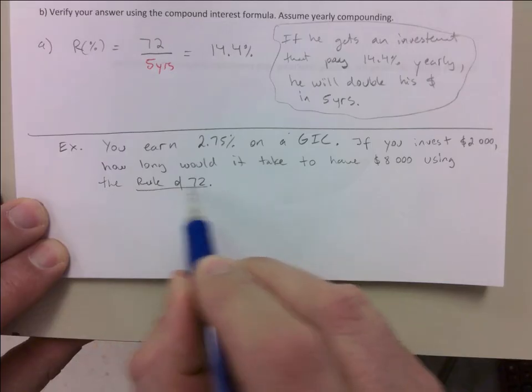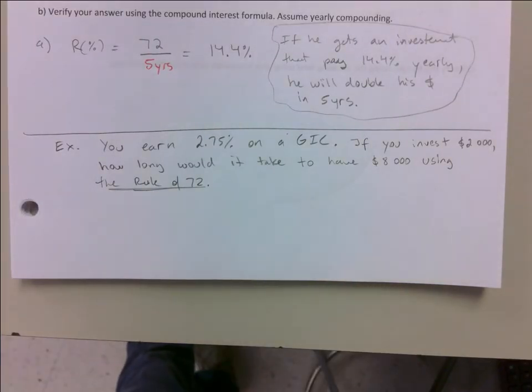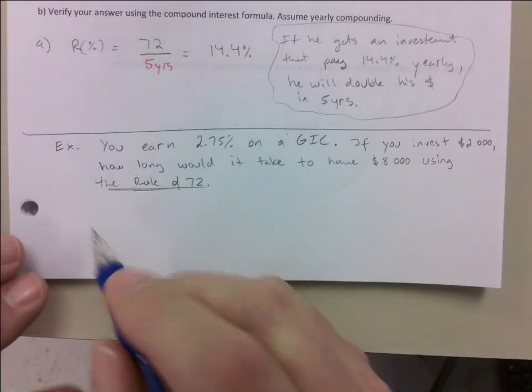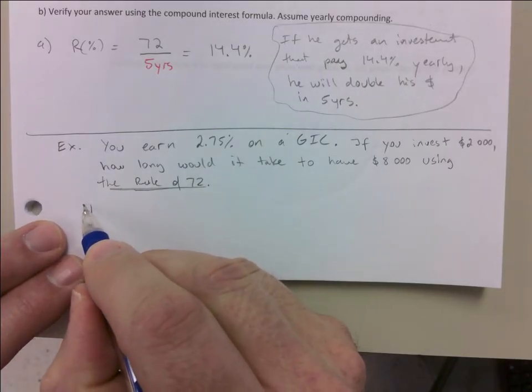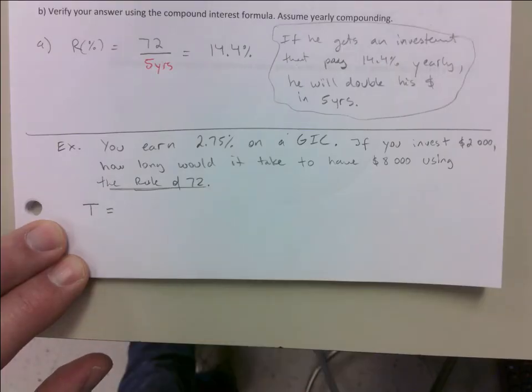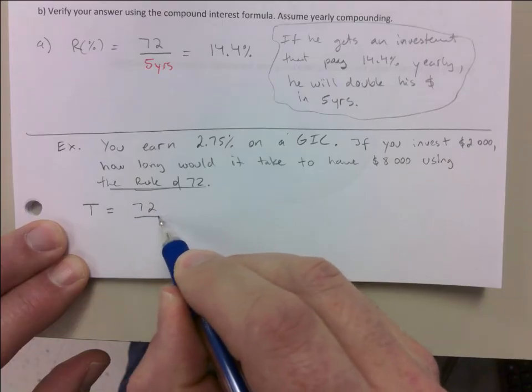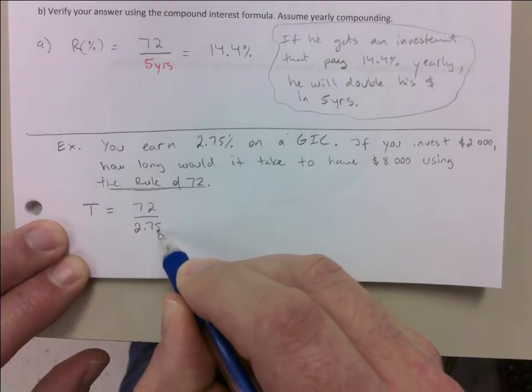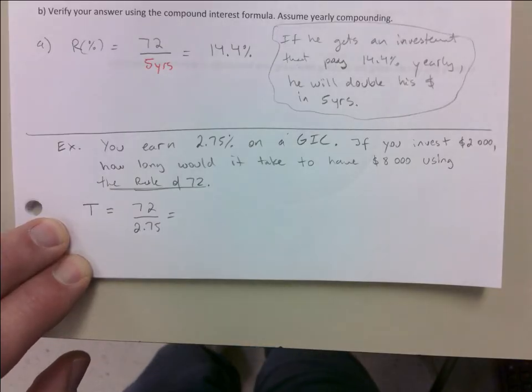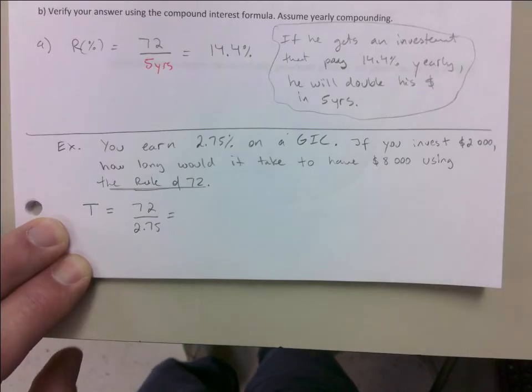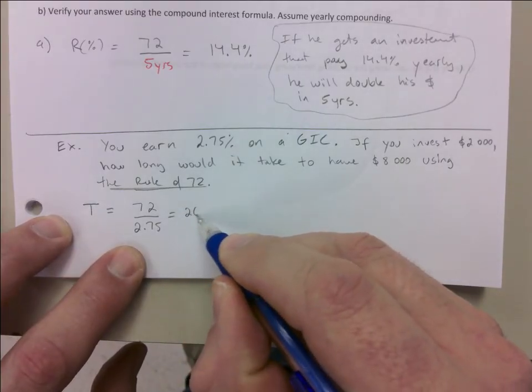if you have to use the rule of 72, you got to go to your study sheet. You're like, rule of 72, what are we talking about? And here I would say you have the interest rate. So let's figure out the time it takes to double. So we're going to go 72 divided by 2.75. It's 26.18 years.